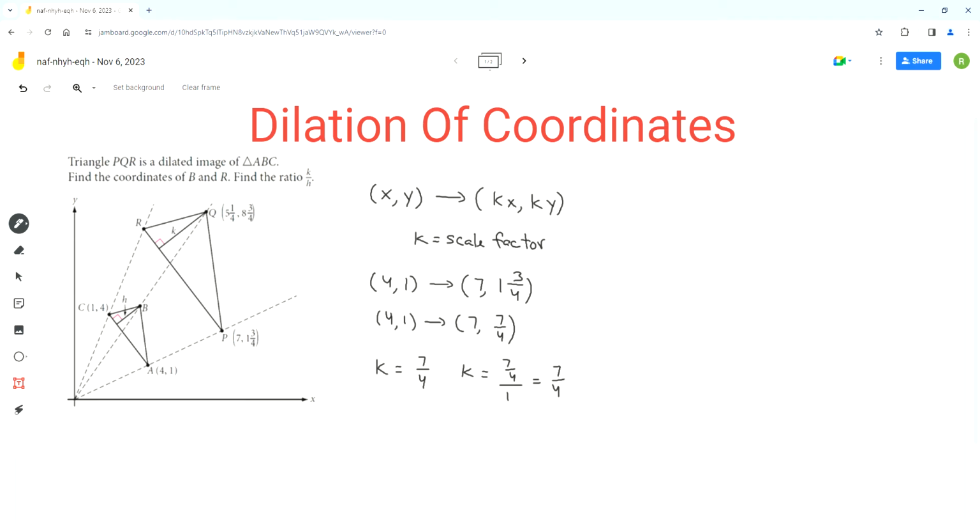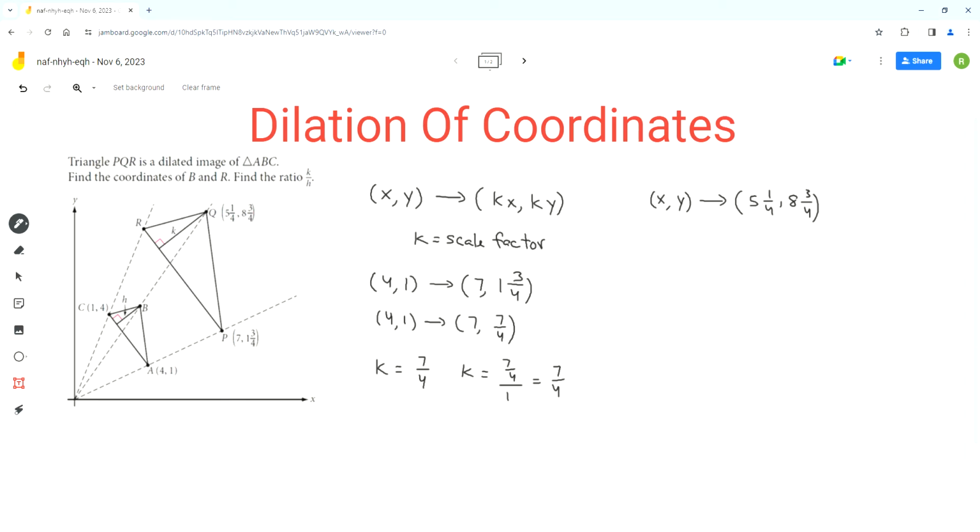Now we can find the coordinates of point B. Keep in mind that point B got dilated to point Q. First we write the step for that. We don't know the coordinates of point B, so let's assume it's (x, y), and it got dilated to (5 1/4, 8 3/4).